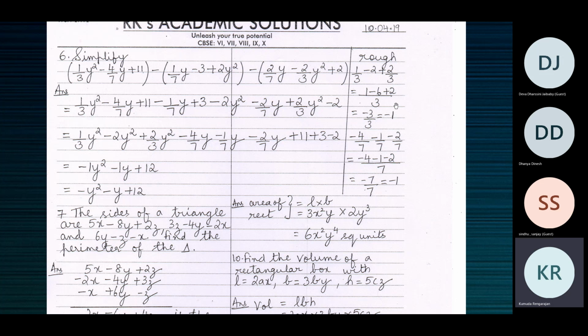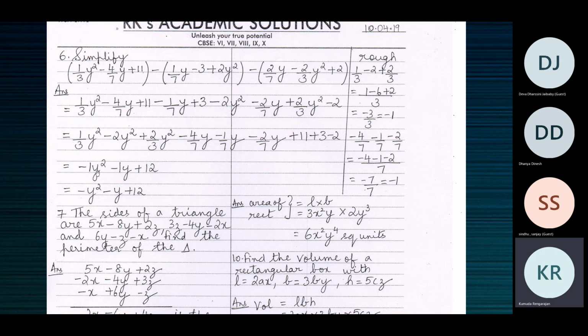Here you will have to take up the LCM and find the answer. It's minus 1. When you simplify the coefficients, the answer is minus 1, so it will be minus 1 y square.